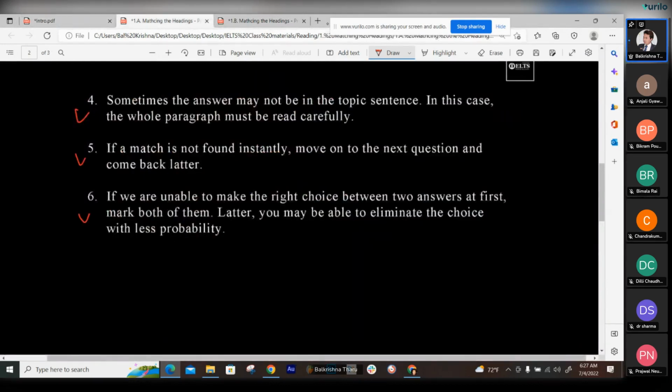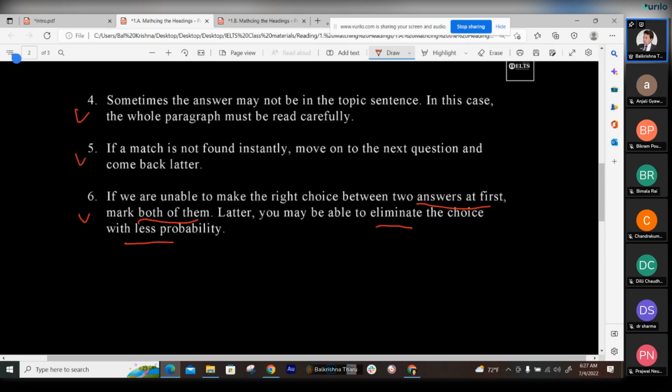And the last one, if we are unable to make the right choice between two answers at first, mark both of them. Later, you may be able to eliminate the choice with less possibility.